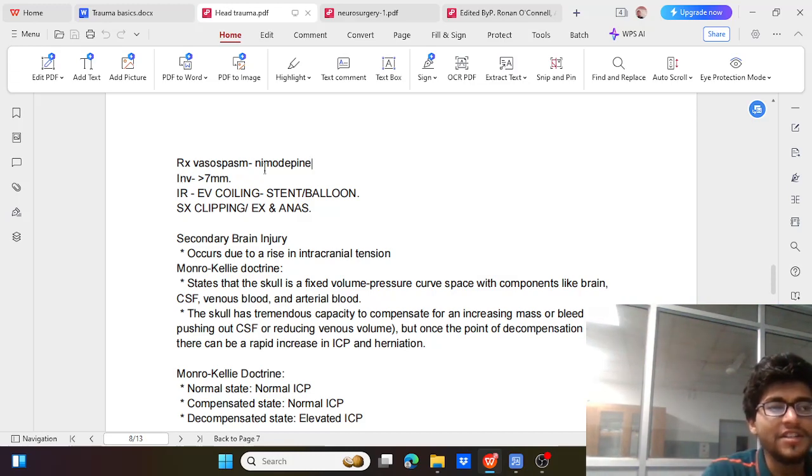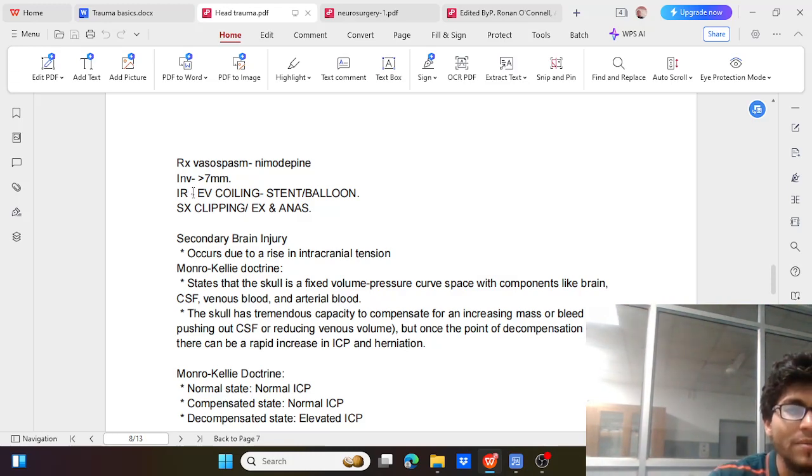And when do we need intervention? If the size of the aneurysm is more than 7 mm, then we will need intervention. If it is possible, like in the case of a simple aneurysm, we can go for interventional radiology, that is endovascular coiling along with stenting or balloon. Just for your knowledge, we can do it by interventional radiology under X-ray.